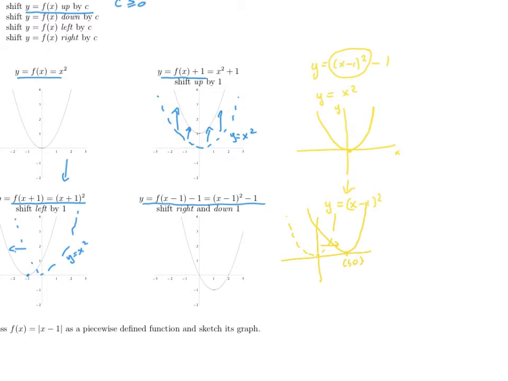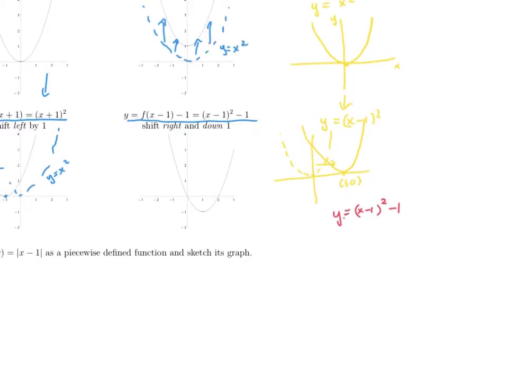And then lastly, if I subtract 1 from the whole thing, I get that graph shifted downwards by 1 unit. So the graph of this new function is the graph of x squared shifted to the right in the last step by 1 unit, and then this one gets shifted downwards by 1 unit.